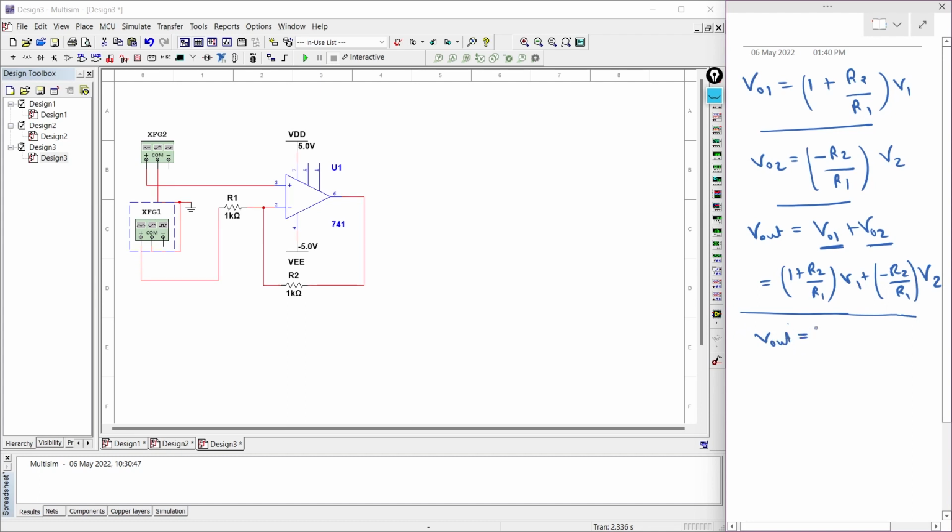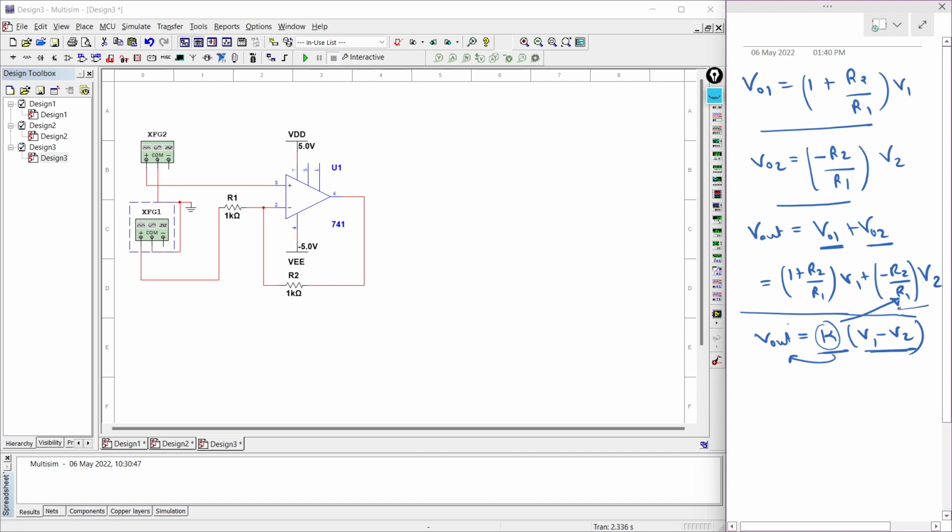If we want a common gain K, then V1 minus V2, the difference of the two inputs, multiplied by this gain, is what we want to have in the output. So to have this, we should have a common gain for V1 and V2. Observe over here, we have a term R2 by R1, right?